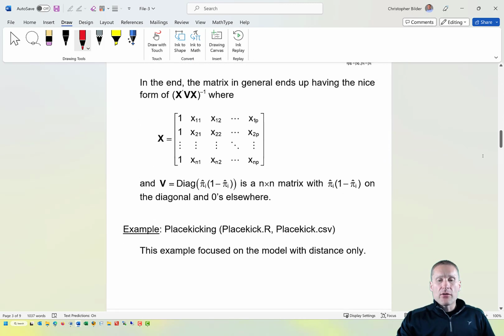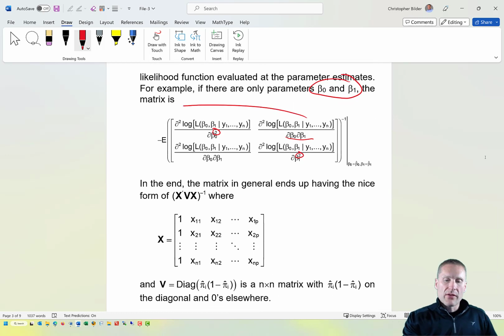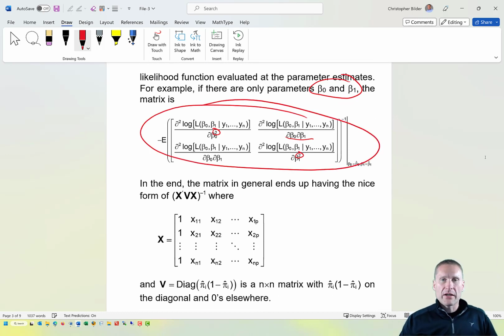Now, for those of you who do have a good matrix algebra background, what one could do is actually show that this formulation of the variance covariance matrix has a particular simplification.